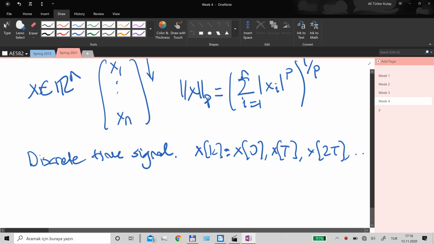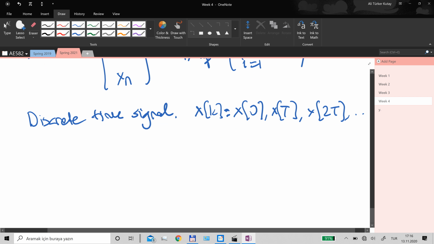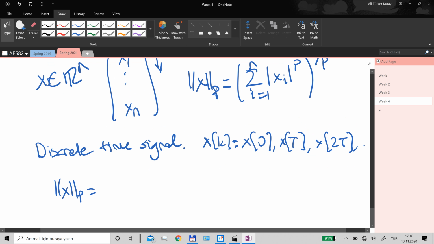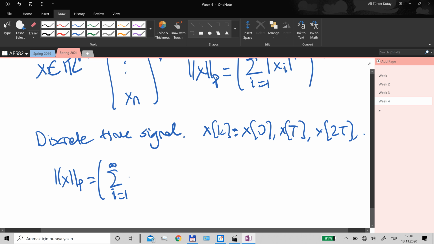If you wanted to define a p-norm for such a discrete signal, you could define it very similarly to how you define the norm of a constant vector: take the summation of all these terms, take the pth power of their absolute values, and then take the pth root of the summation.